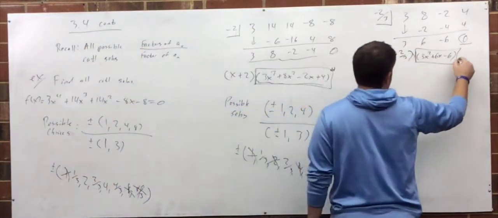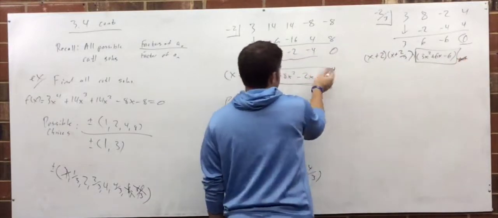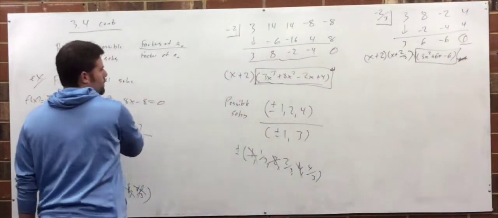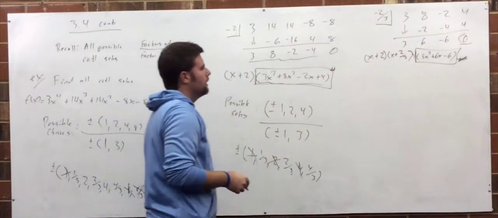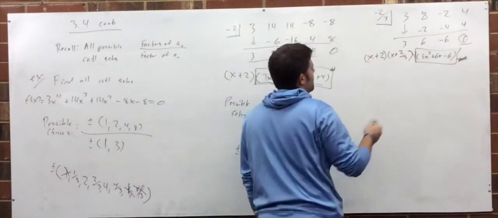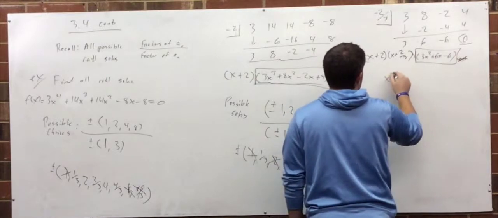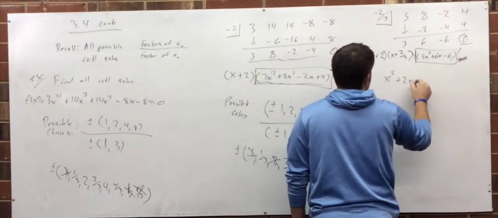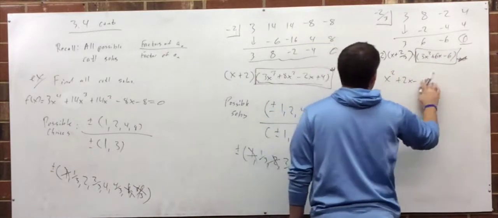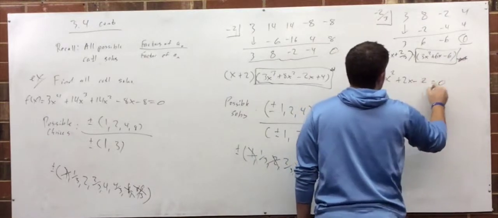So now I'm dealing with this equation. And I forget this one, and I forget this one. So there's 2 more zeros we want to find. I can simplify this equation by dividing by 3. And it leaves an x squared plus 2x minus 2 equal to 0.